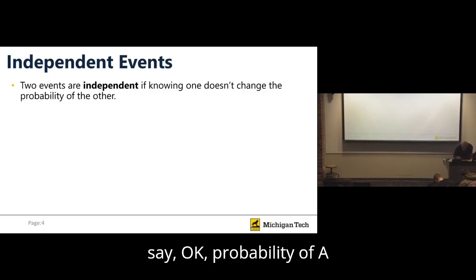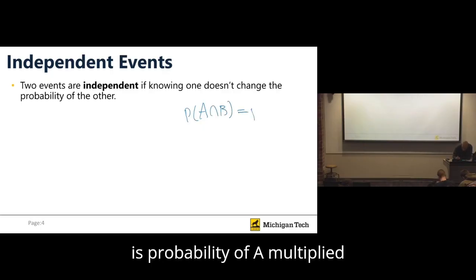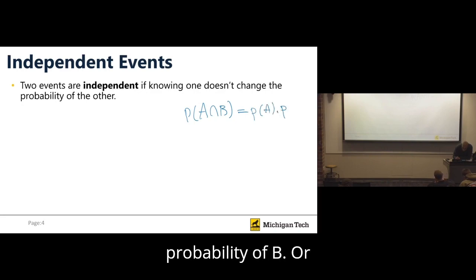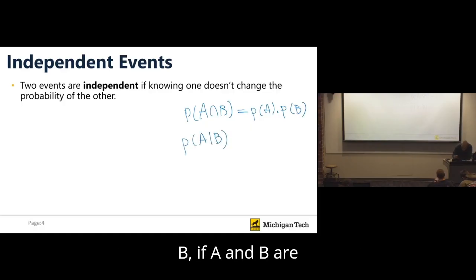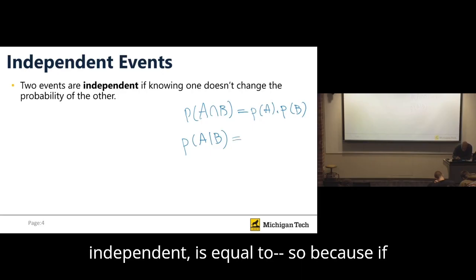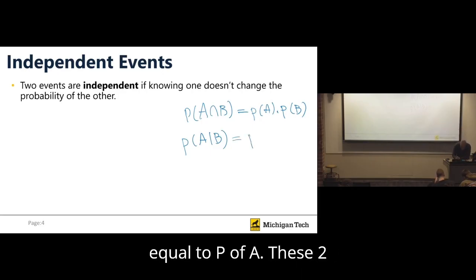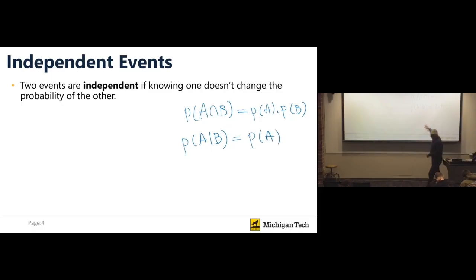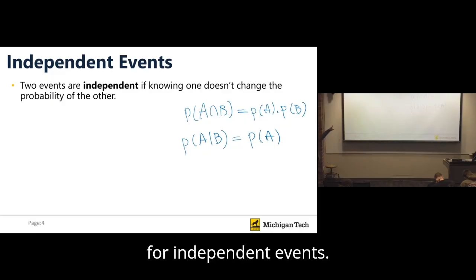So you can say probability of A and B, if they are independent, is probability of A multiplied by probability of B. Or also we can say probability of A given B, if A and B are independent, is equal to P of A, because knowing B doesn't affect A. These two properties are very important for independent events.